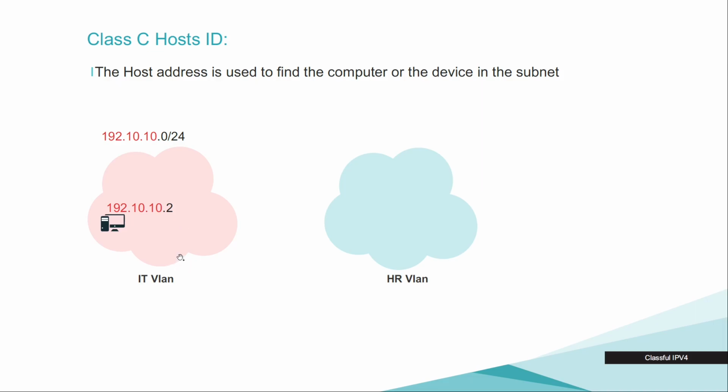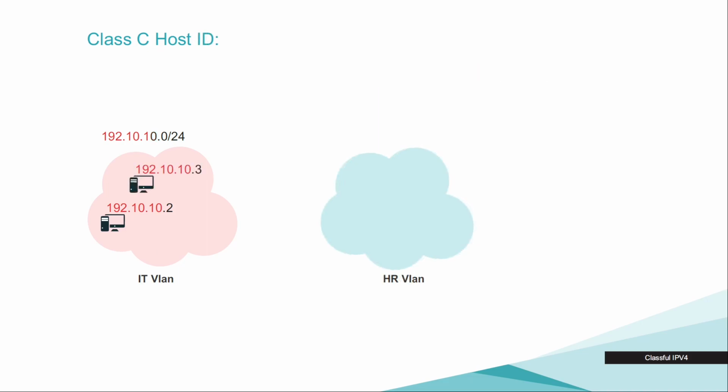So back to our example, let's continue with the ITV-LAN. On the ITV-LAN, you can also find a computer or a device with the IP address 192.10.10.3. So let's focus here.